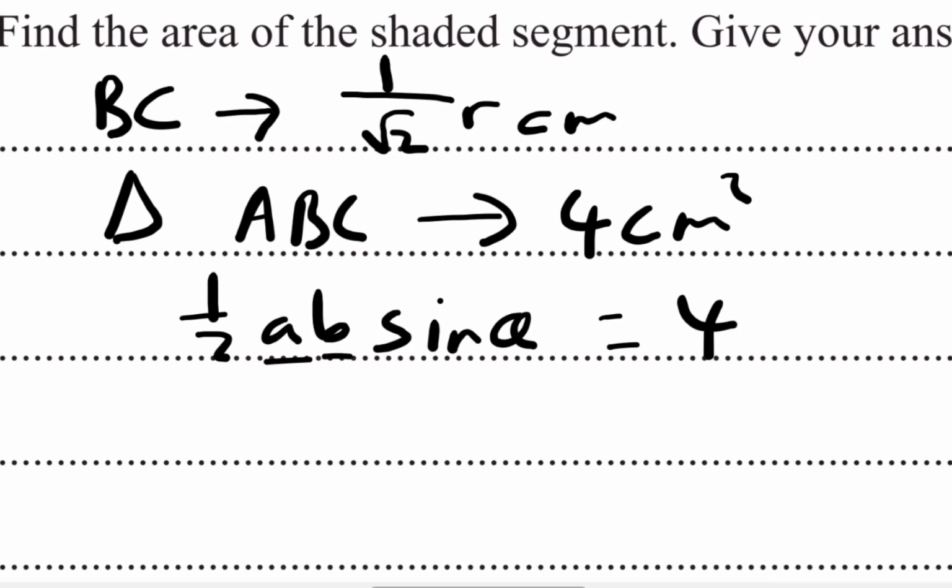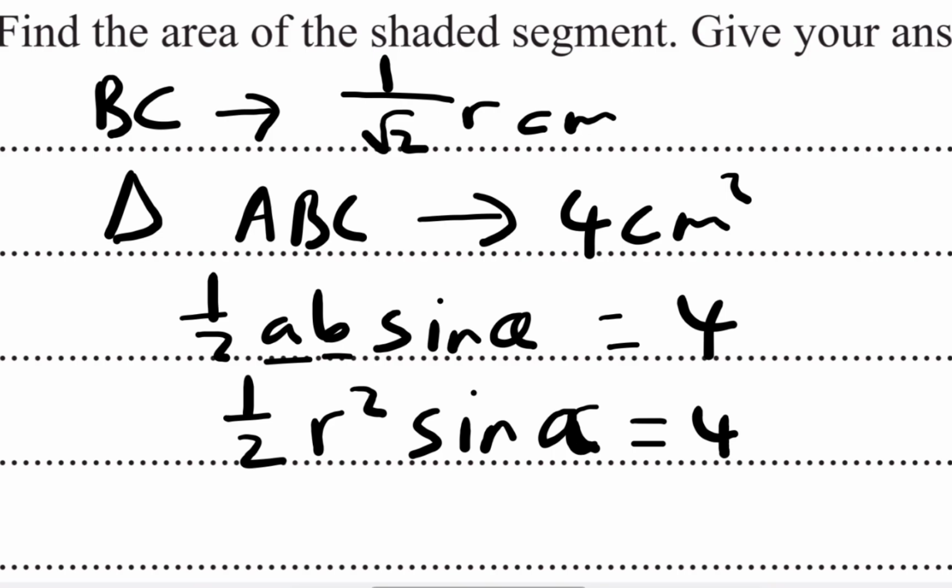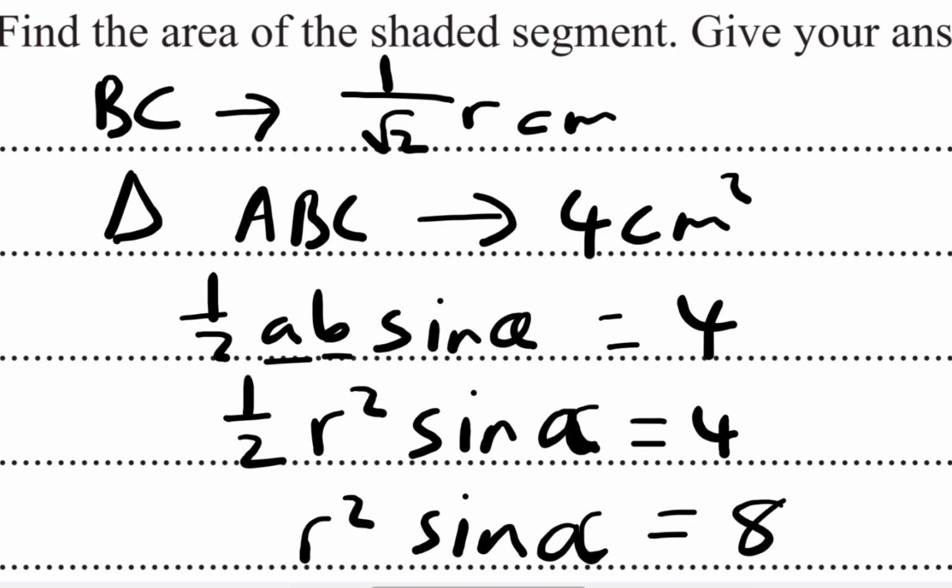And we know A and B are both r values, so it's half r squared sine alpha equal to 4. And r squared, I think we did this in our previous part of the question, equals 8, right?